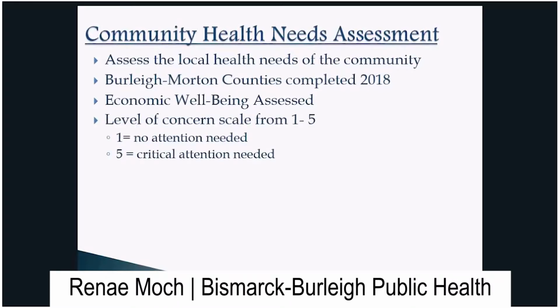In our survey, we looked at economic well-being and did an assessment with a level of concern ranging from 1 to 5, where 1 is no attention needed and 5 is critical attention needed.